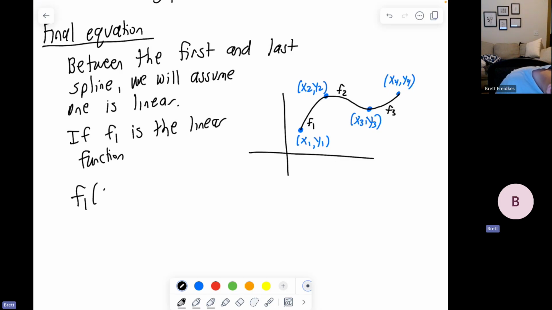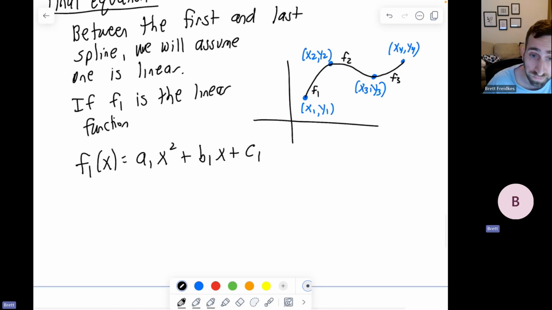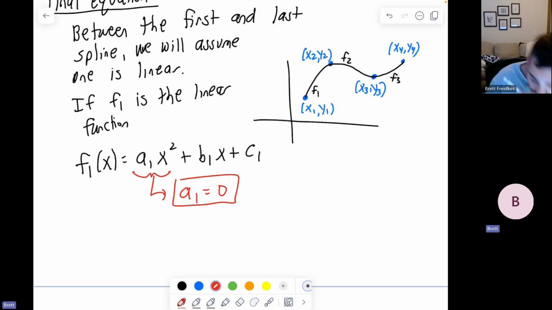Our original f1 of x was a1 x squared plus b1 x plus c1. If we assume that f1 is linear, what does that imply about our coefficients? Well, if it's linear, that means that this term doesn't exist, which means that a1 must be 0. And that would be our last equation.